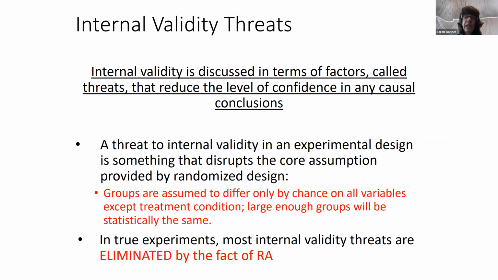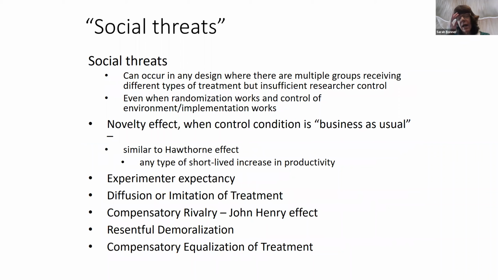And relatively speaking, any differences that are due to your manipulation or your intervention should play a large part. However, some things can happen that are outside the control of the researcher, the manipulation, and the assignment. The main source of these with true experiments are what we call social threats. So social threats can happen even when randomization works.